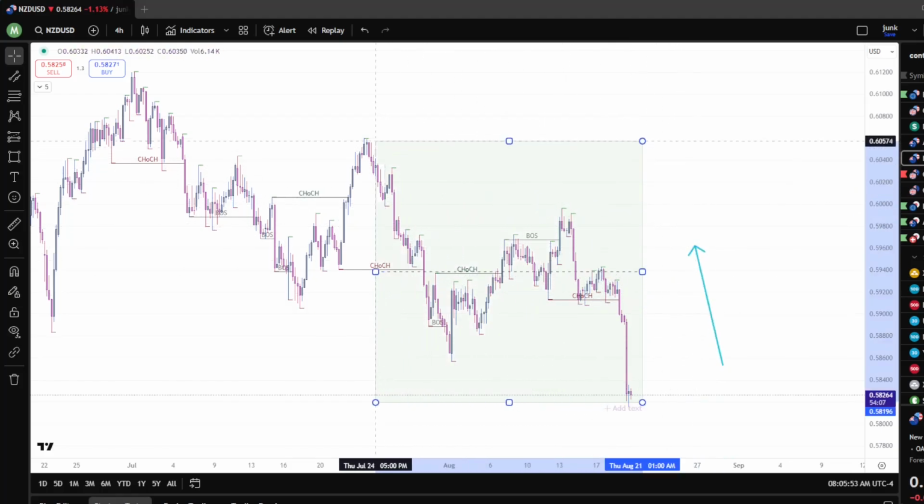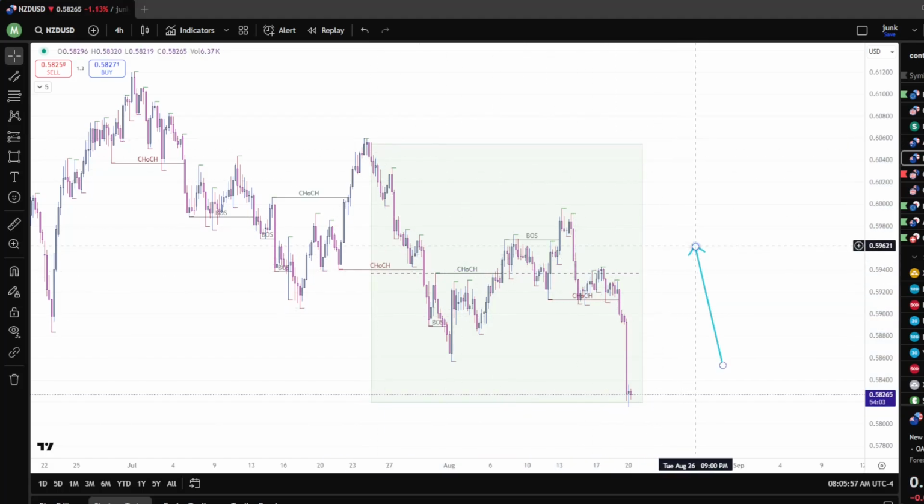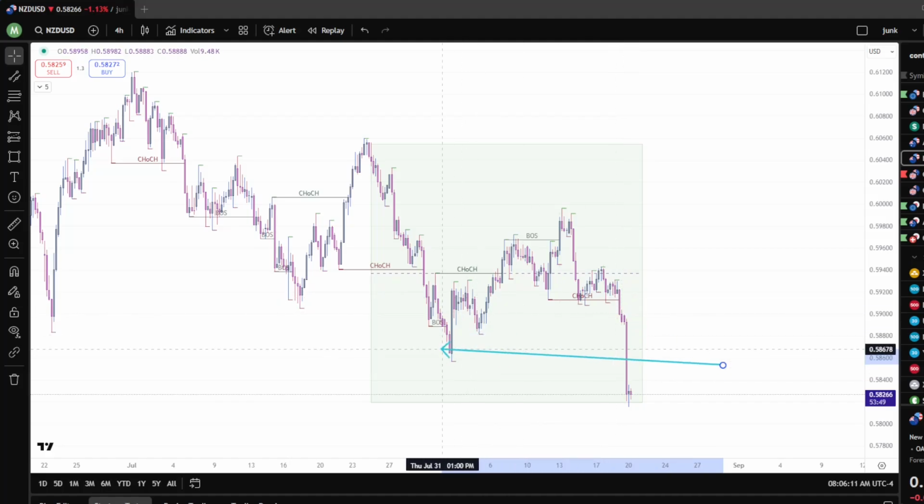But overall, this was the previous swing structure. Wait to see if there is any type of retracement first. But I'll be looking to see how price reacts once it does come back. But this is an impulsive push out of this previous structure.